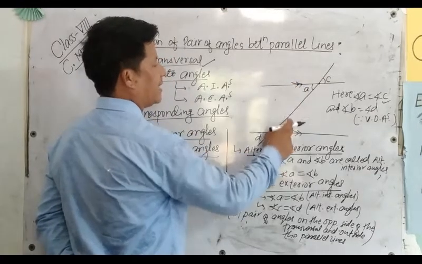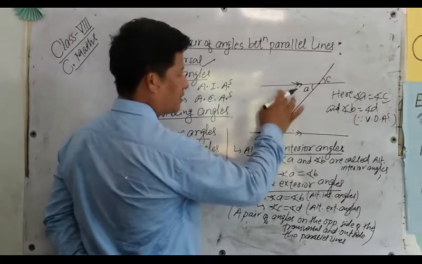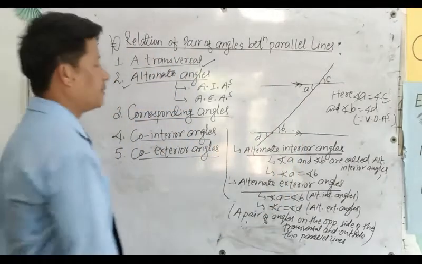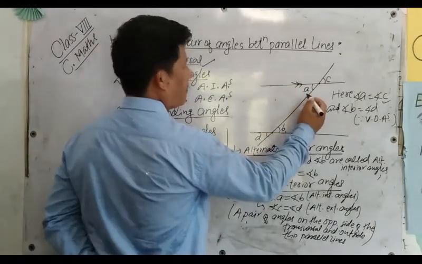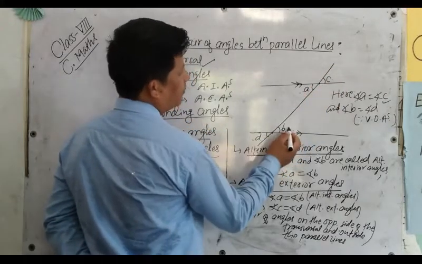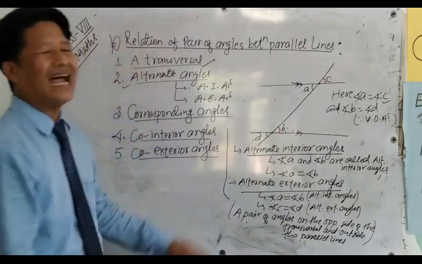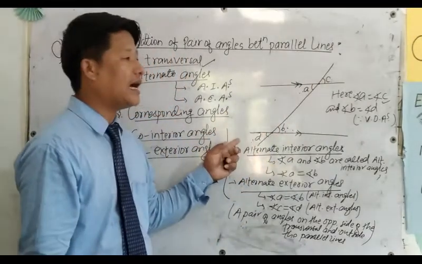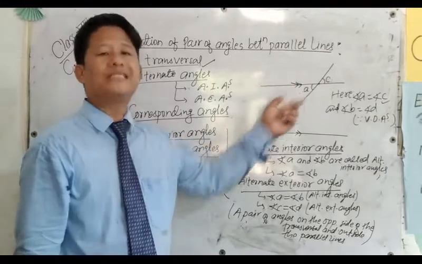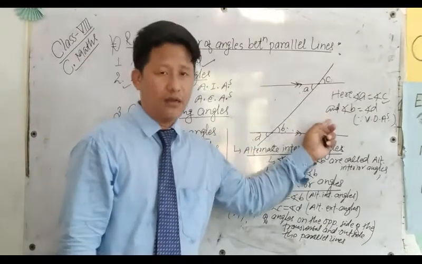Angle C is the vertically opposite of angle A and angle D is the vertically opposite of angle B. That's why angle C and angle D are outside the parallel lines and on opposite sides of the transversal, so they are called alternate exterior angles.